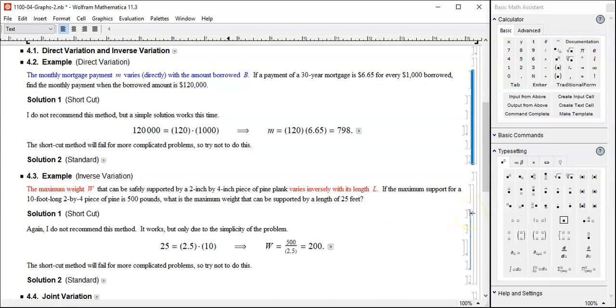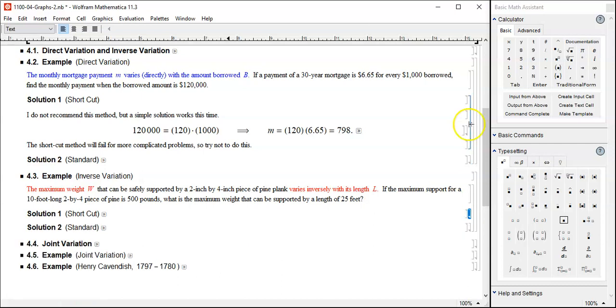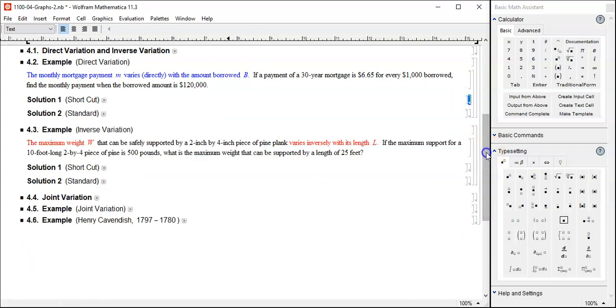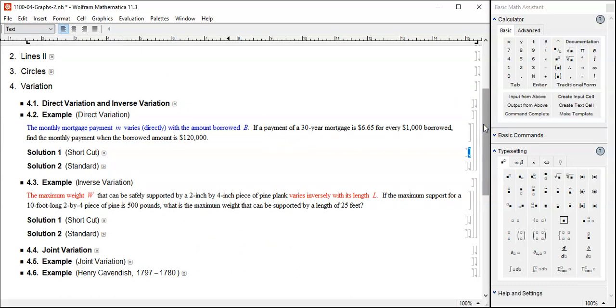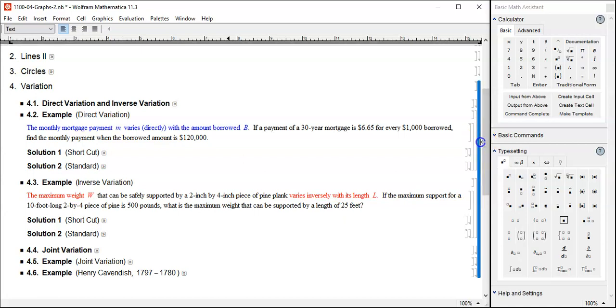That's the distinction between the direct variation and inverse variation. And these examples are uses of those variations. As you can see in this example, they're useful in real-life application.